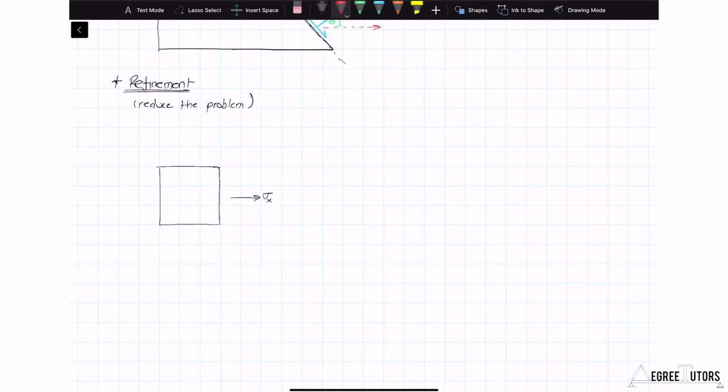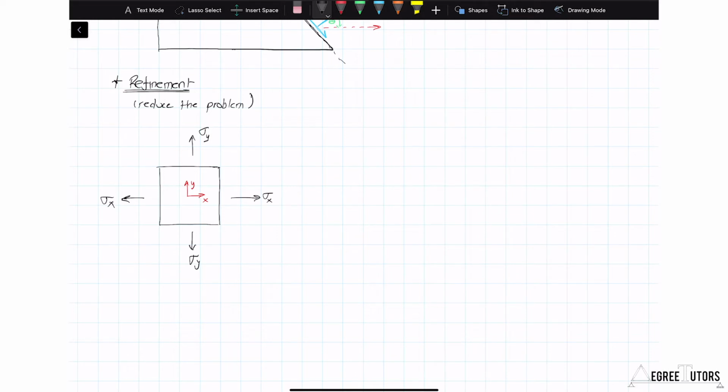So I should draw on an x-axis then. That's my x-axis and that's my y-axis. And because the stress sigma x acts along the same direction as the x-axis, we call it sigma sub x. Similarly, this one is going to be sigma sub y. Same for this one, sigma sub y, and then this one obviously is going to be sigma sub x because it points in the negative x-axis direction.